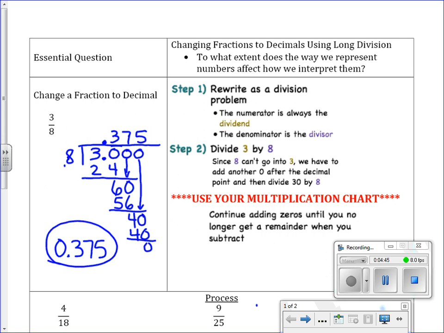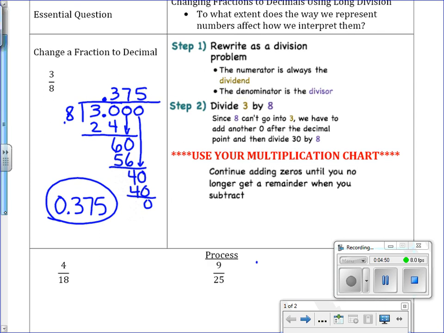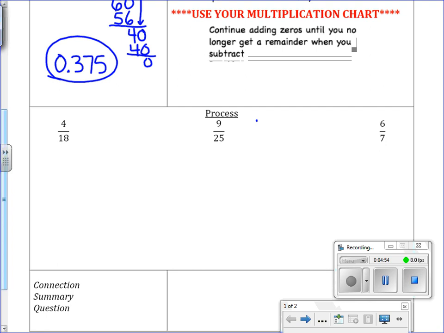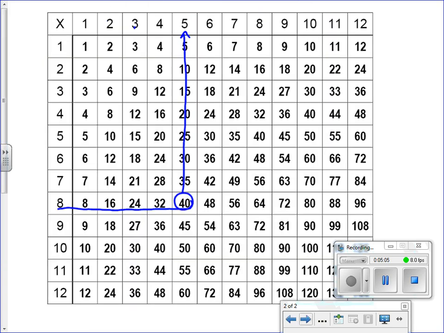So let's go ahead and practice this skill with a couple more fractions. First, I have 4/18. So I'm going to say 4 divided by 18. Well, I don't have 18 on my multiplication chart back here.